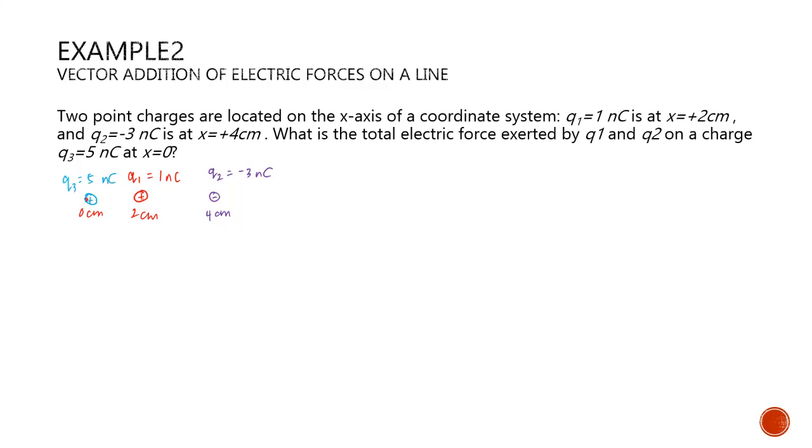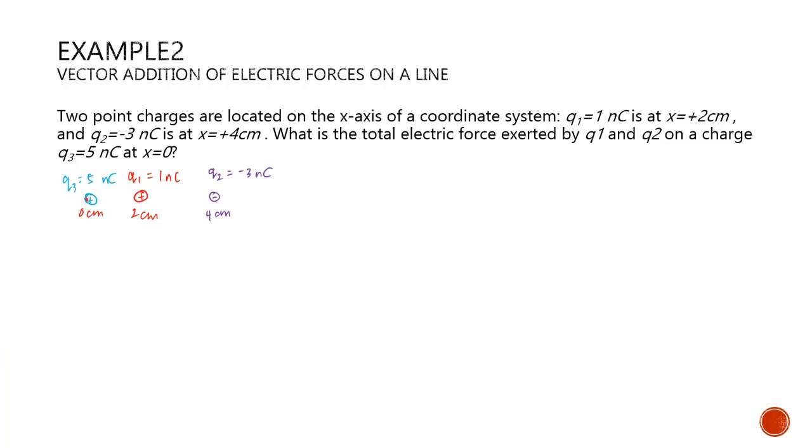We have two charges near it, Q1 and Q2, meaning we have to draw two arrows from Q3. Since Q3 is positively charged and Q1 is also positively charged, the force is repulsion.